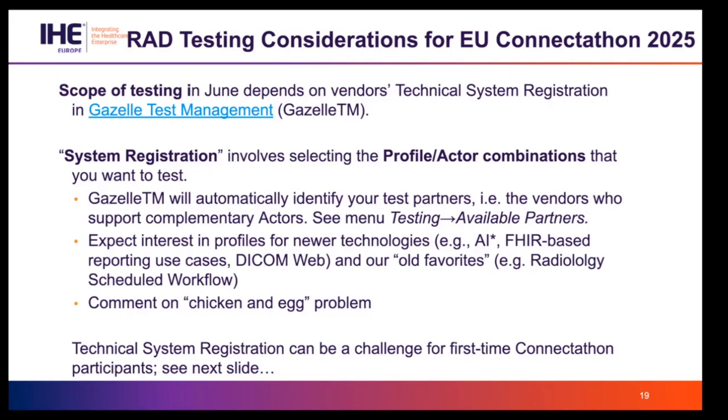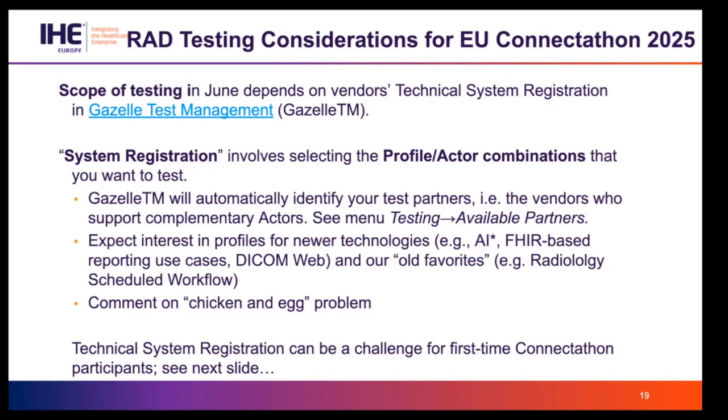I have a bullet there that says comment on the chicken and egg problem. One of the problems that we have is, if I come to the Connectathon, will I have the partners I need or want to test? And if you sit back in the corner, as you perhaps did in high school or secondary school, and wait for someone to ask you to dance, your partner might not know that you are interested.